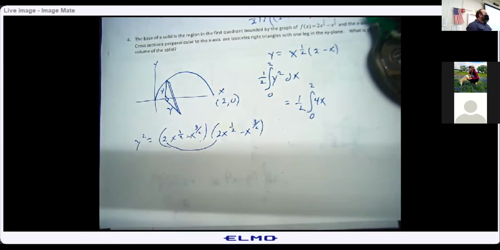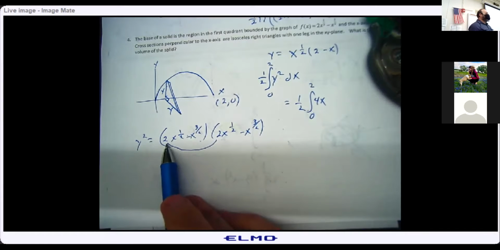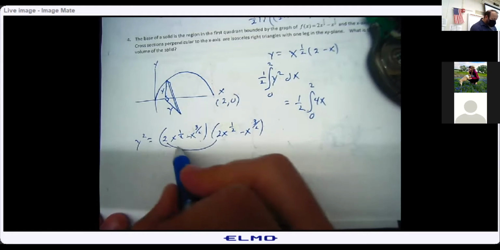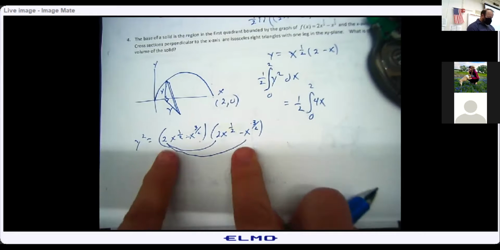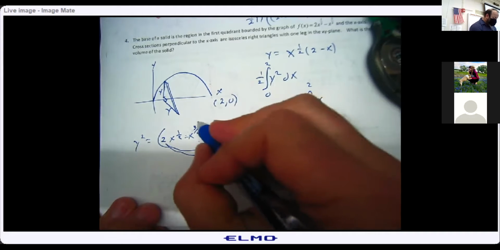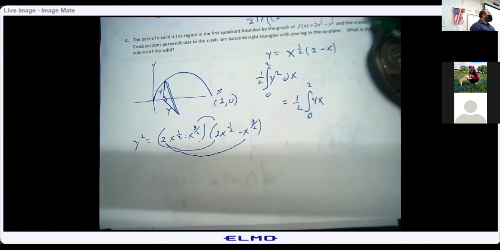Now, if you didn't catch that, remember when you multiply things, what do you do to their exponents? Add them. So you got a half plus a half, which is 1. What would this give you right here? That'd be negative 2x squared. Good. What about this part right here? Same thing.